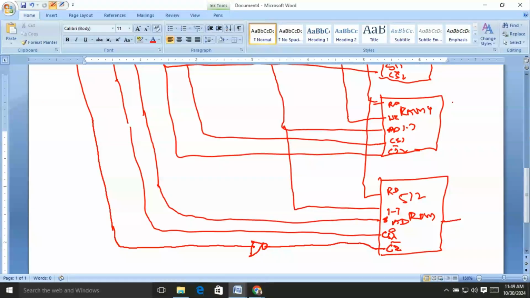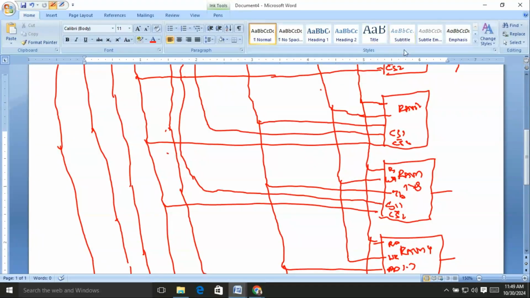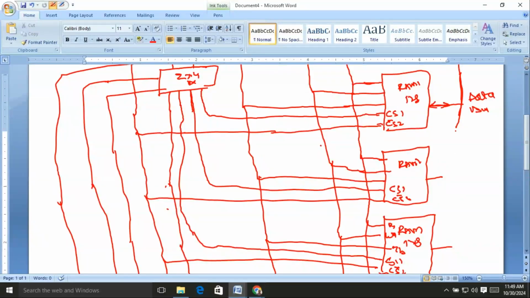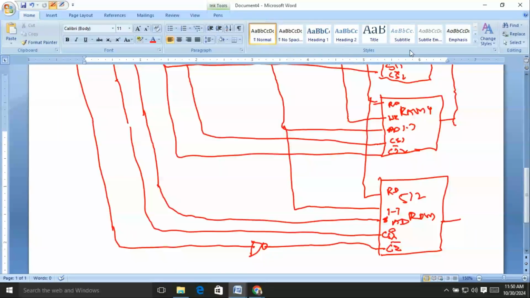The outputs of the RAM and ROM are connected to the data bus. This one is the data bus. The data bus interconnects all the memories with the CPU to transfer the data to and from the memories and the CPU. So this is the entire circuit.